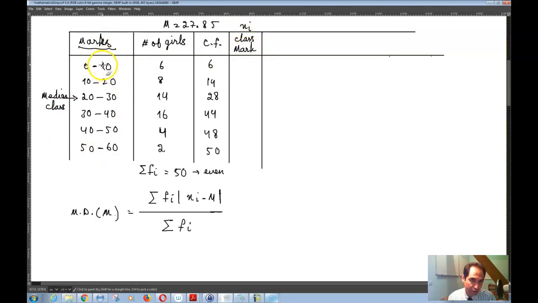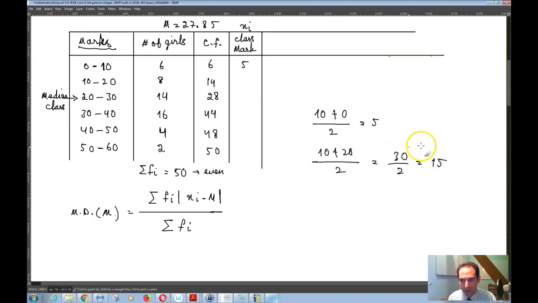Class mark means, since in statistics each of these is called a class, the average of the lower limit and the upper limit of a class. For example, 0 plus 10 divided by 2 is 5, the class mark of this class. 10 plus 20 divided by 2 is 15, and so on: 25, 35, 45, 55.